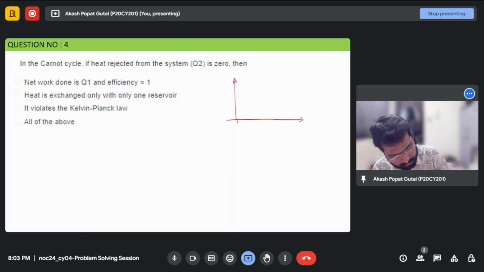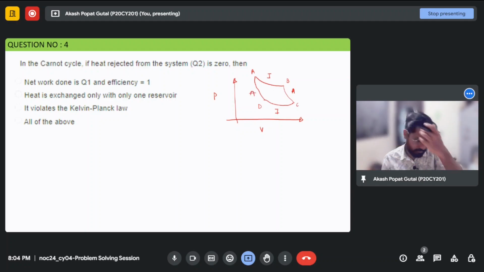If we plot the PV diagram of the Carnot cycle, A to B is isothermal expansion, B to C is adiabatic expansion, C to D is isothermal compression, and D to A is adiabatic compression.